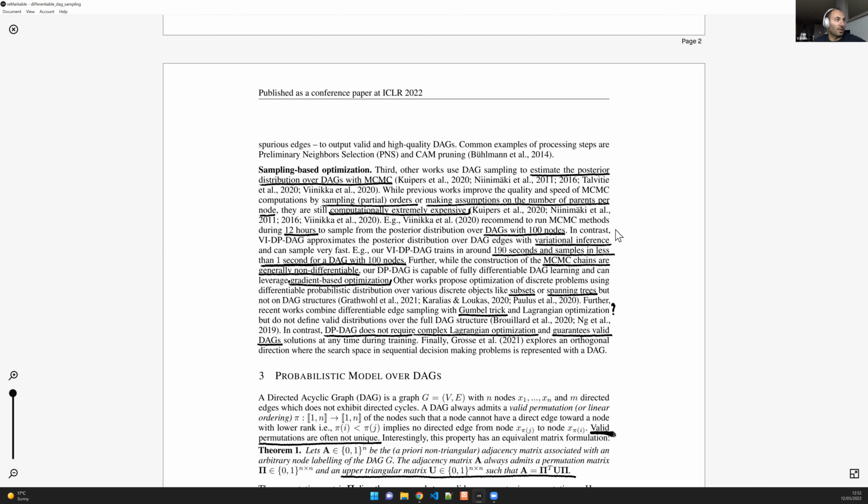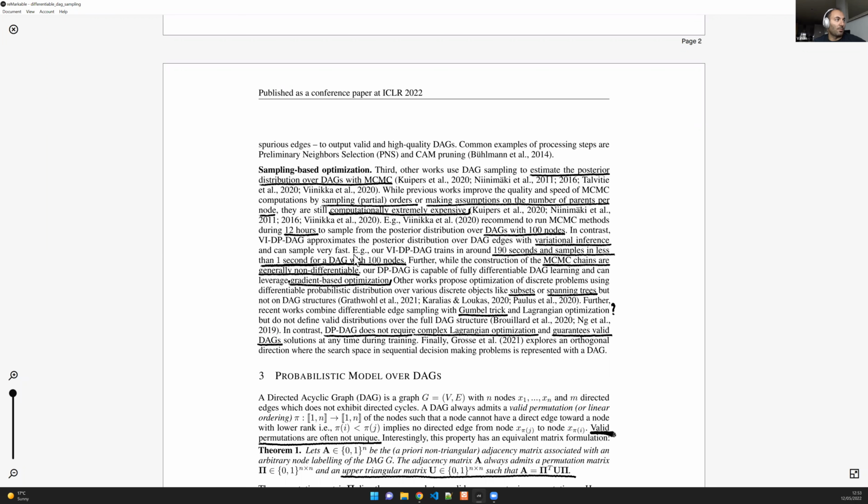They give one example here that one of the recent methods using MCMC sampling suggests 12 hours of sampling time from the posterior distribution on a DAG with only 100 nodes. 100 is tiny, right?